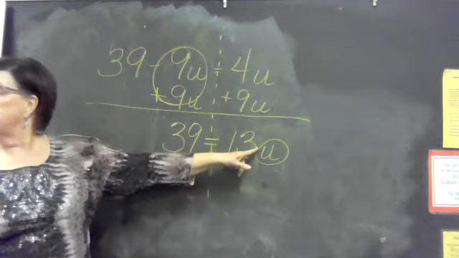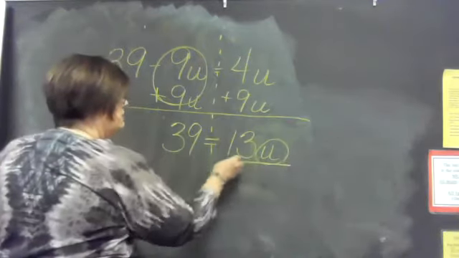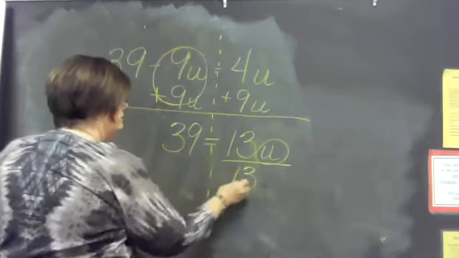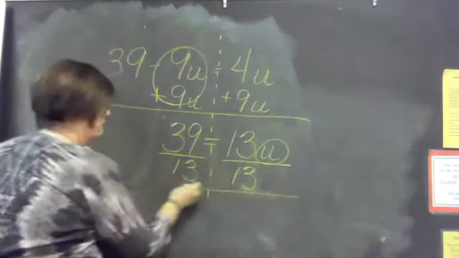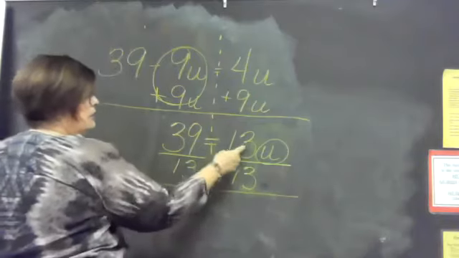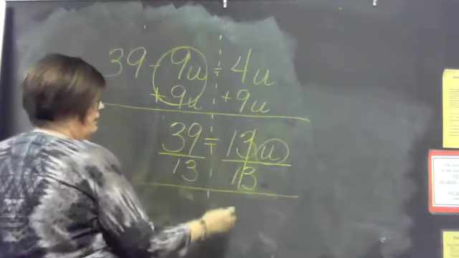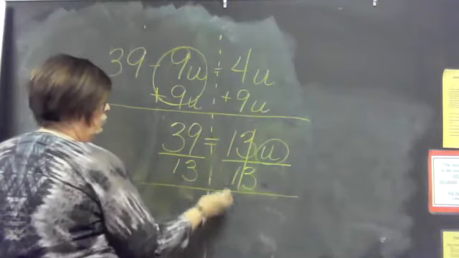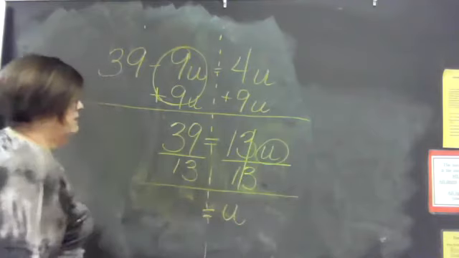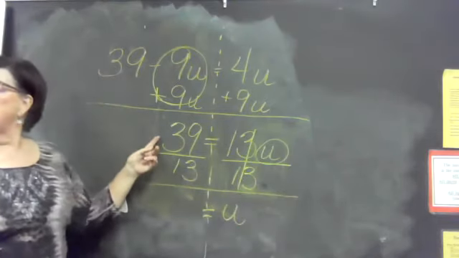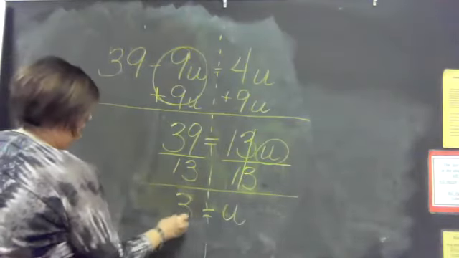So I have to divide. So I'm going to divide by a 13. Have to do the same thing on both sides. A number divided by itself is always 1. So I'm left with 1u, we don't write the 1. And then I use my calculator to take 39 divided by 13, and I get 3.